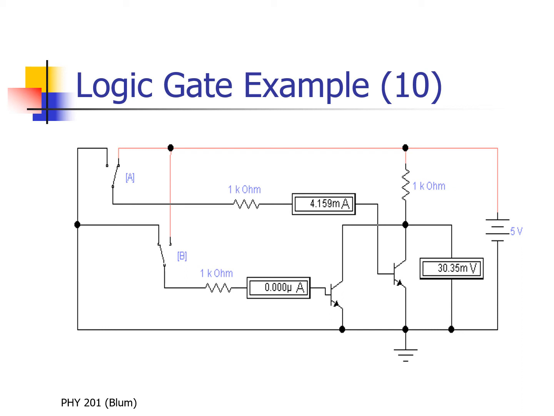The switch B is connected low, so there's no current going into the transistor on the left, making it off and a high resistance.